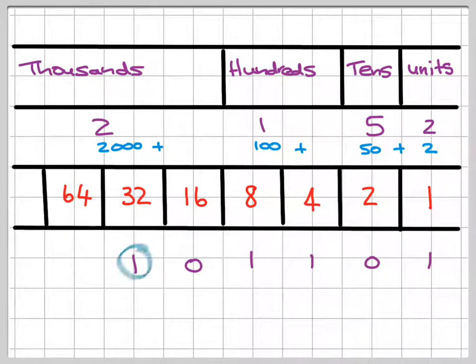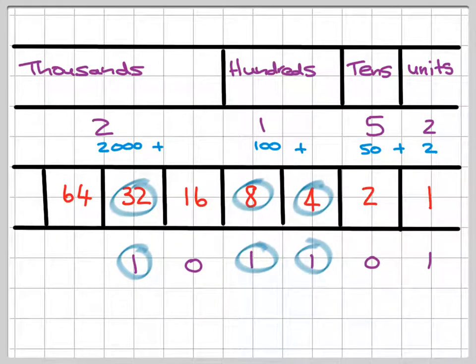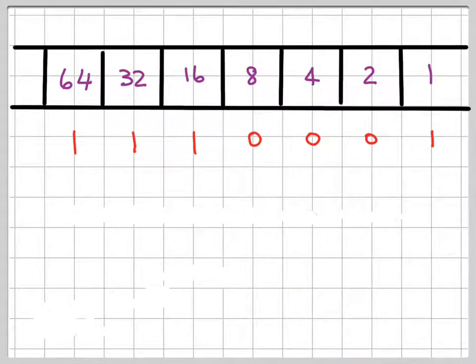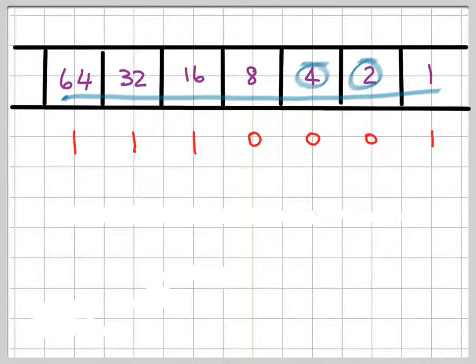It would mean one of these 32s, 0 16s, 1 8, 1 4, 0 2s, and 1 1. Okay, so now that you know that, don't worry if you don't understand it. We're going to work with it now and it will eventually just sink in. So there are those headings, the ones we've just learned about, our binary place values. Remember, you start at 1 and then you double each time for the headings of the place values.